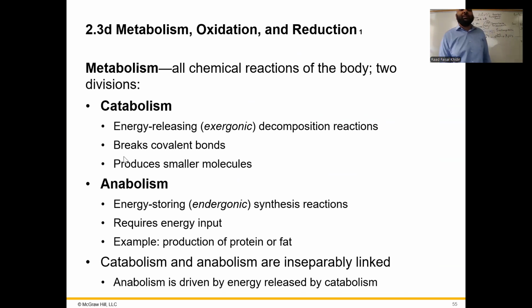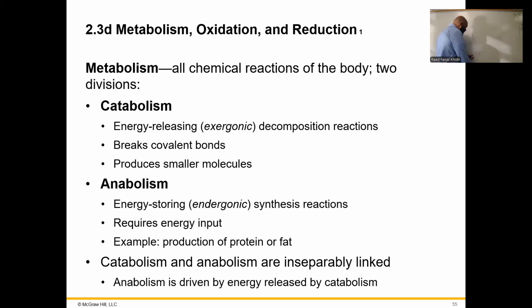So catabolism. Catabolism is an energy releasing decomposition reaction. Now they are introducing a new word, exergonic. What is exergonic and what is endergonic? Sometimes in anatomy and physiology, we have our own terminology.